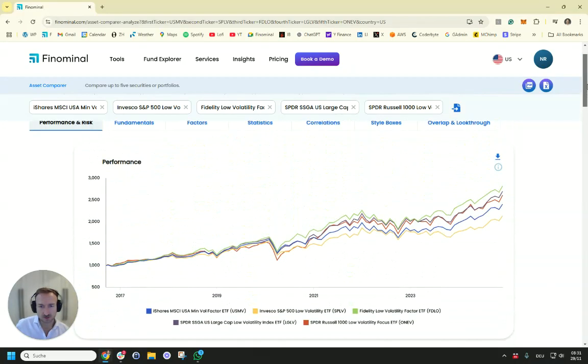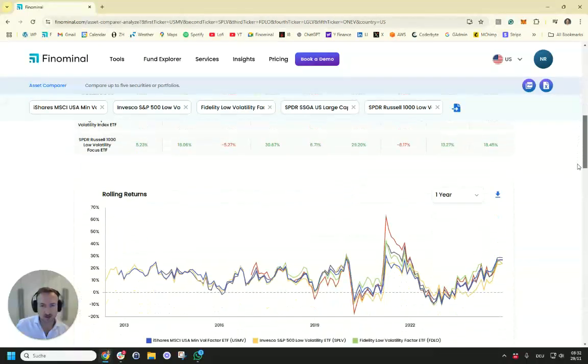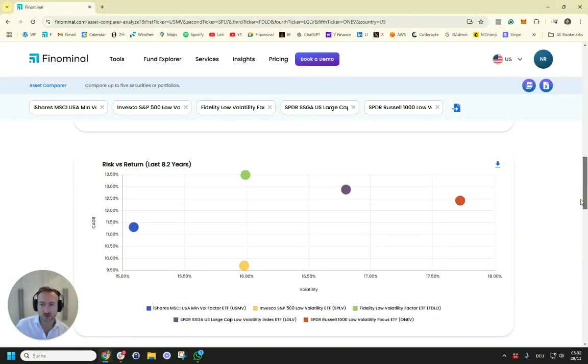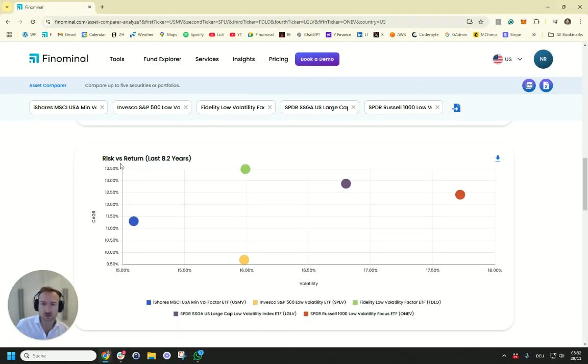Now, if you compare the performance of these 5 ETFs, we do see that one of them, which is the product from Fidelity, consistently generated a higher return since 2016. And this is not only from a return perspective, but also from a risk and return perspective. So here we see a simple risk and return chart, and we can see this product from Fidelity.